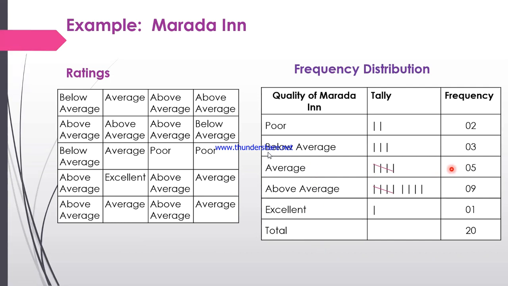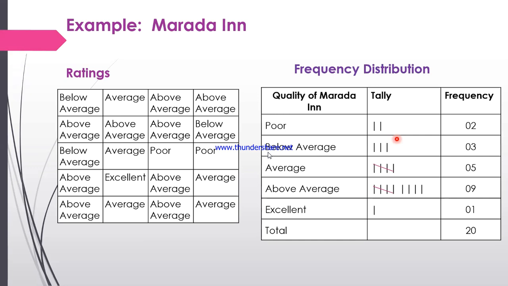Because here 5% of the people rated it as average. Only 75% of the respondents rated it as average or above average. But 25% of the respondents rated it below average. 25% poor or below average.